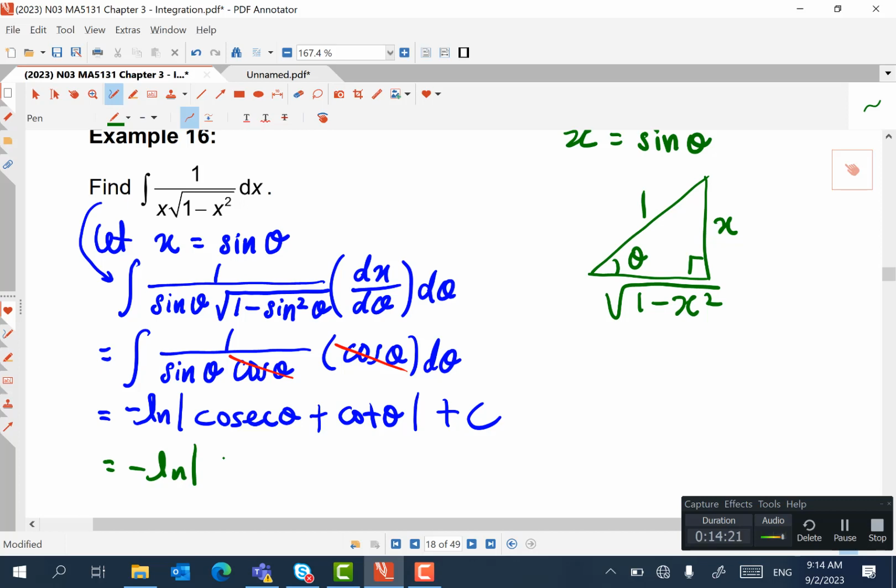If sine theta is x, cosecant theta will be 1 over x. If sine theta is x, cotangent theta will be this fella.